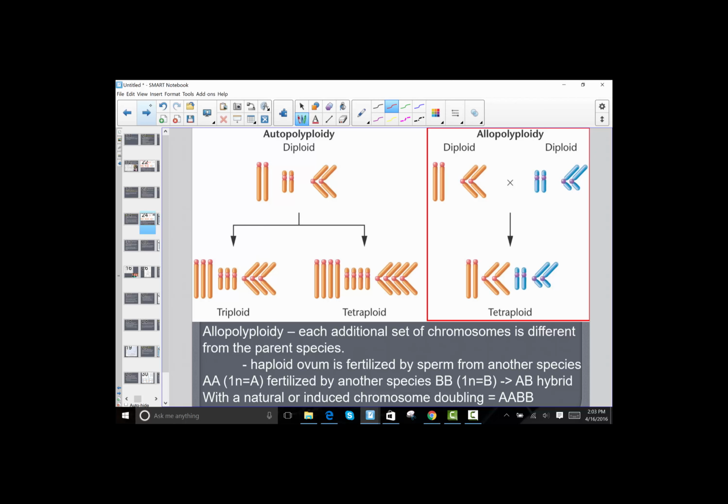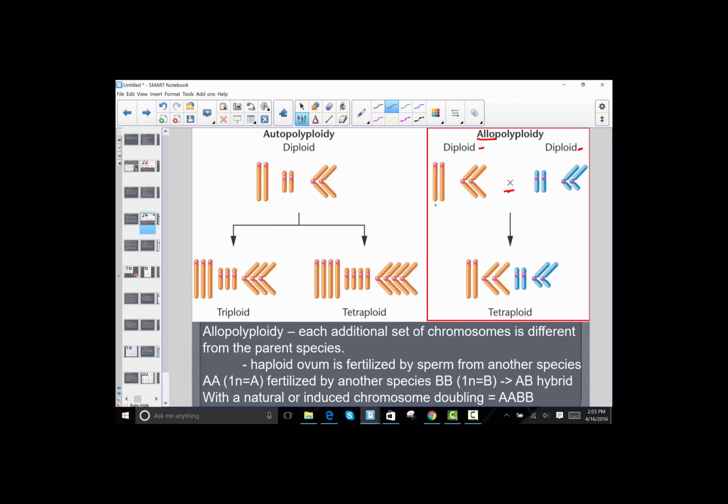So now let's look at allopolyploidy. So allopolyploidy, different, okay? If we're starting out with an allopolyploid, notice that we have an X here. So that means that we're going to be crossing these 2 individuals. Both of these individuals are starting out as diploid, okay?